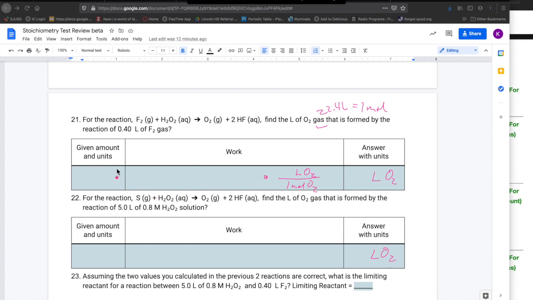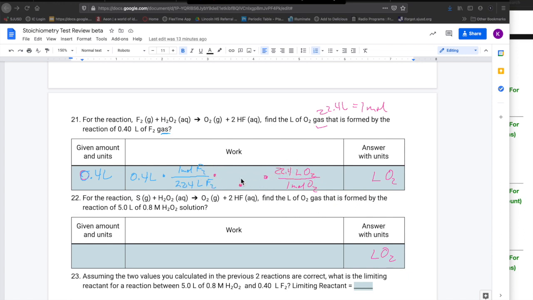Yes, I'm going backwards. And we started with 0.4 liters, again, of another gas. So it turns out that it doesn't matter what gas it is. Each of these gases is 22.4 liters of gas, F2, in 1 mole of F2, just like 1 mole of O2 and 22.4 liters.